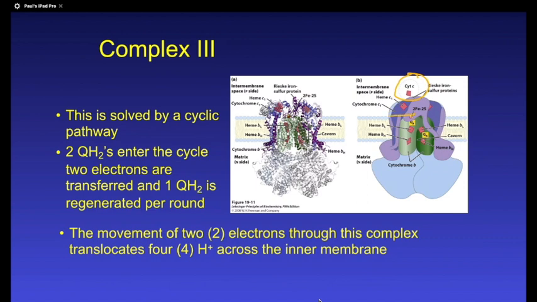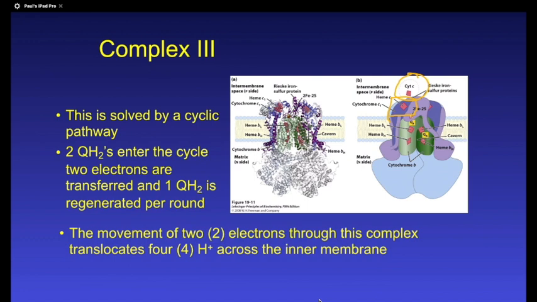There is a heme that is permanently bound in the complex, and that's equivalent to the cytochrome C heme. There are a couple other hemes that are part of this.